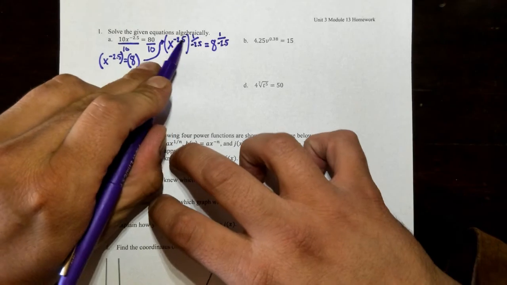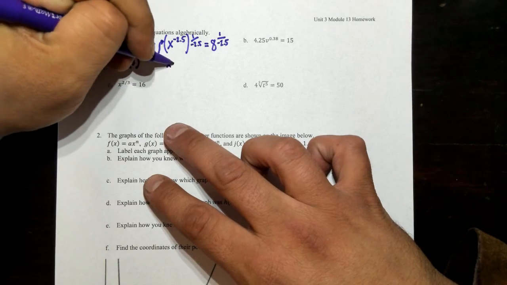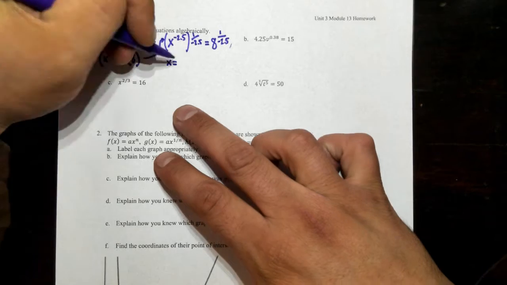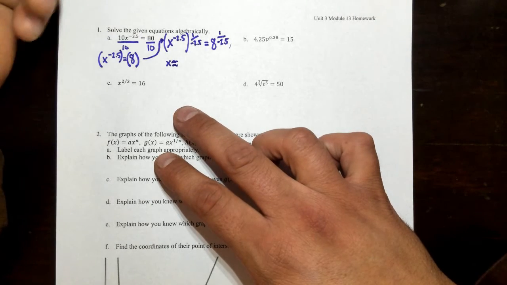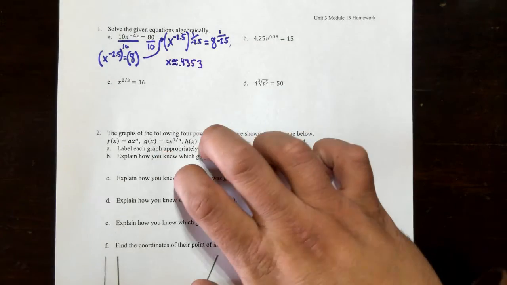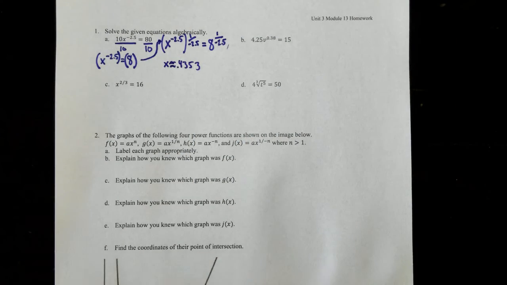So if we multiply this together, we're just going to get x, which is what we wanted. And if I plug this into my calculator, I'm going to get roughly 0.4353.